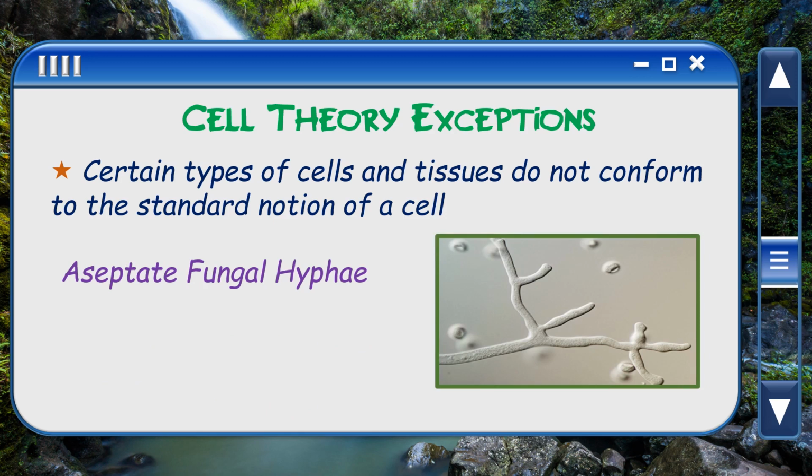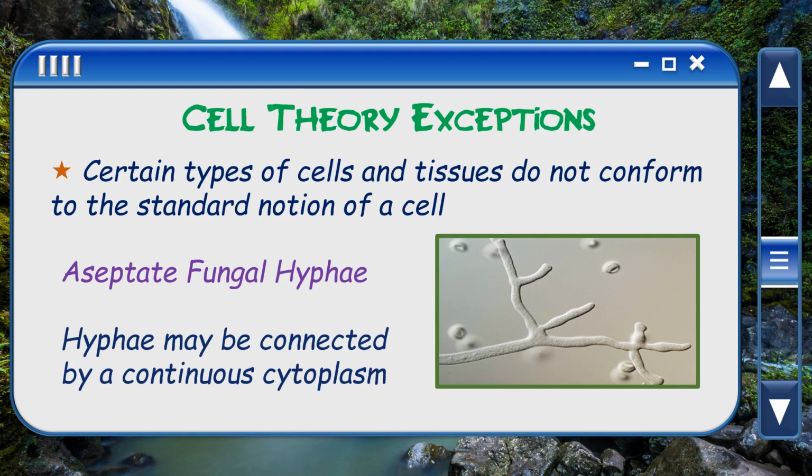When you look at a septate fungal hyphae, you will find that the hyphae may be connected by a continuous cytoplasm, meaning that the cell is becoming very large, which is contrary to the cell theory, that the cell is the smallest unit of a living organism.